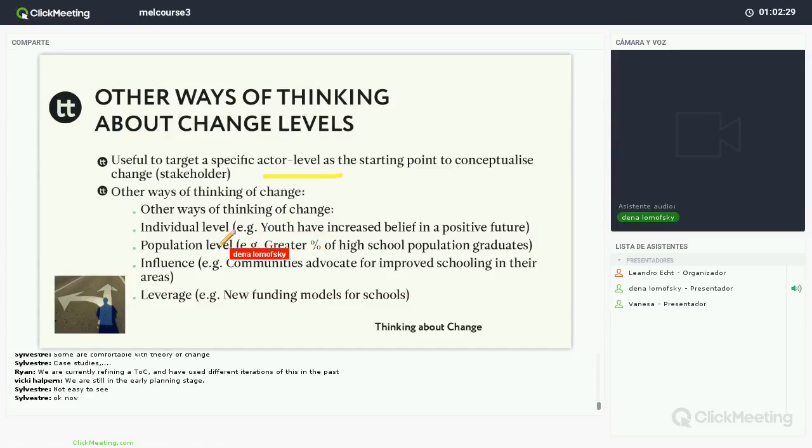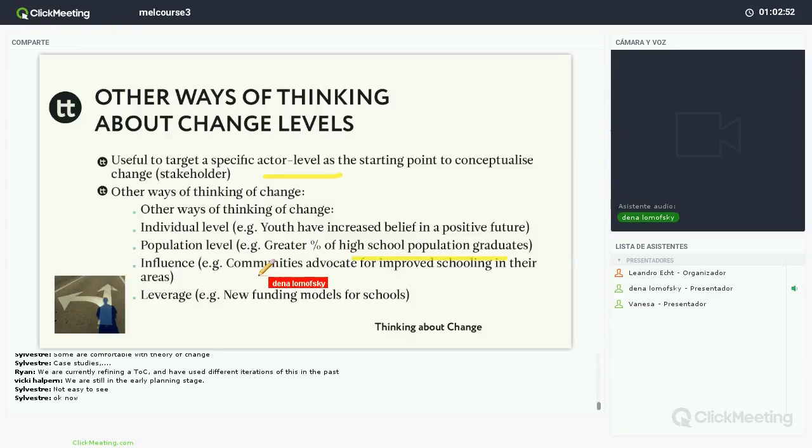You can also think about higher level changes. We spoke about individual level change, and there, indicators would be, for example, youth's increased belief in their future. Then population level change, where you want to measure at the level of population data, health statistics, the population of graduates.